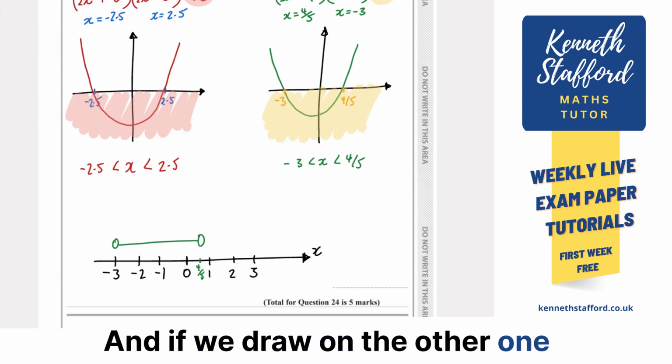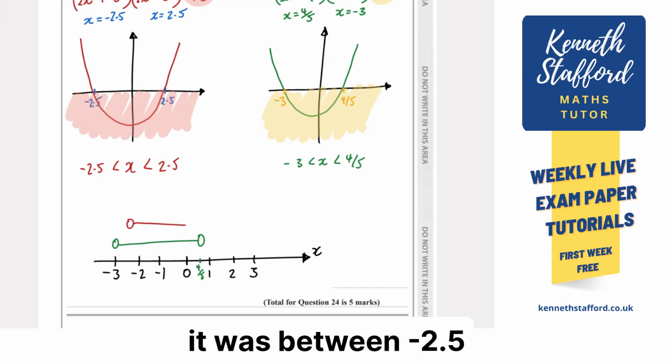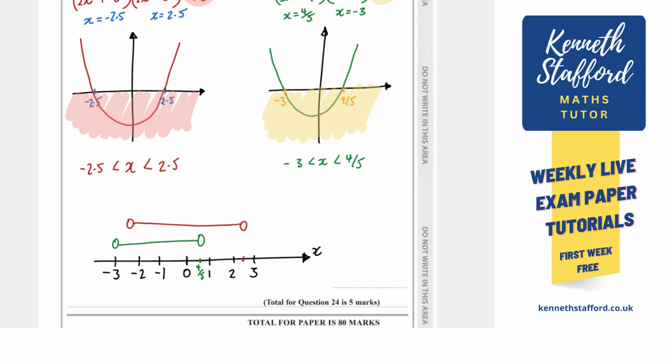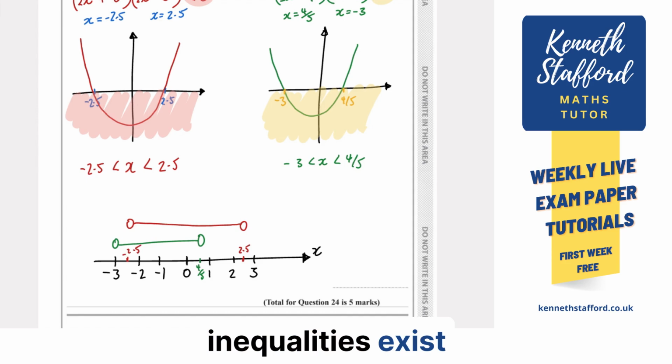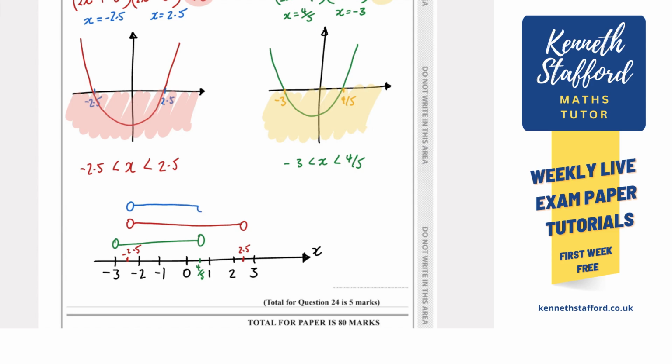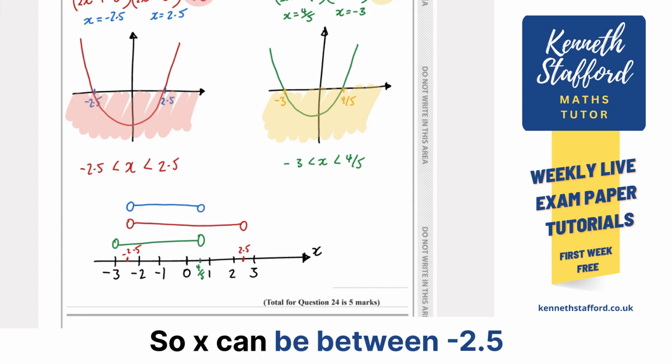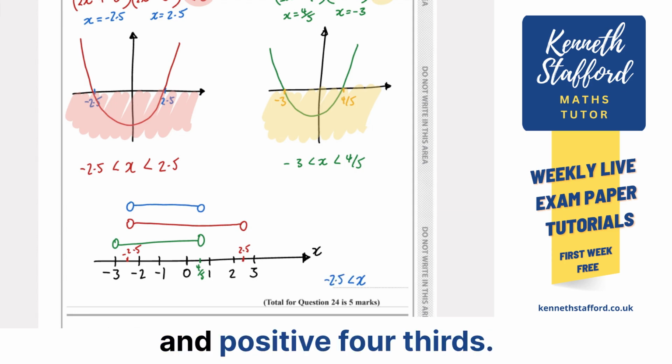And if we draw on the other one, it was between minus 2.5 and plus 2.5. And overall, the values that satisfy both inequalities exist here. So x can be between minus 2.5 and positive 4/3.